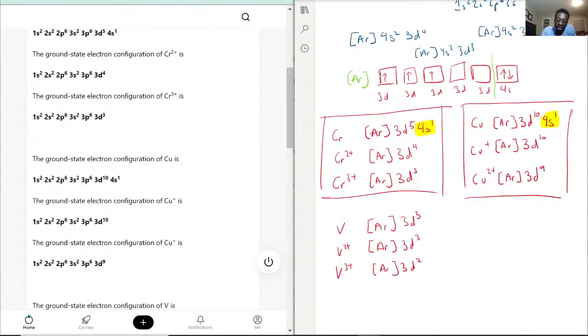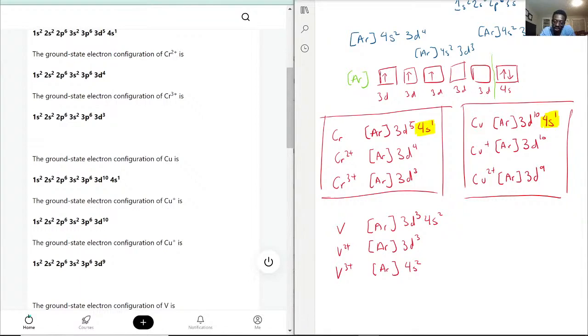So it would be 3d3 4s2. But it also explains why I can get rid of the fourth subshell so easily. Now this is the tricky part. Now for this one, instead of getting rid of the 2 shells here, it might actually just end up being 4s2.